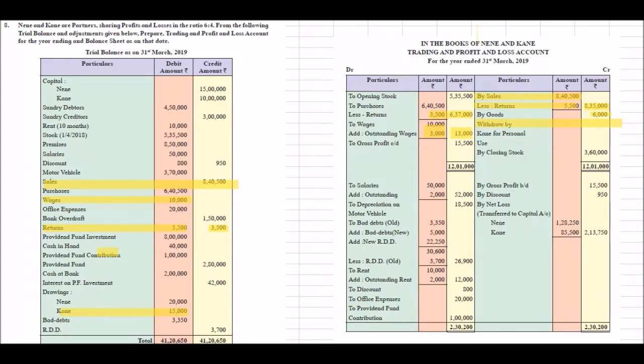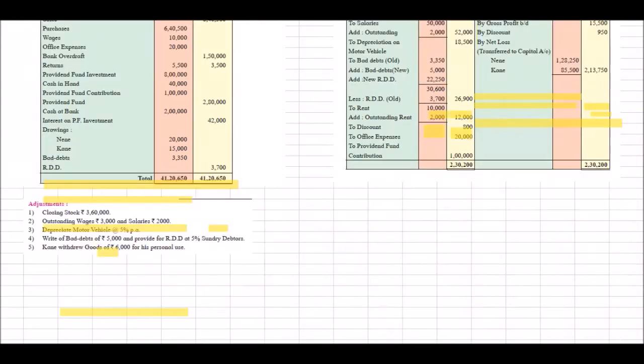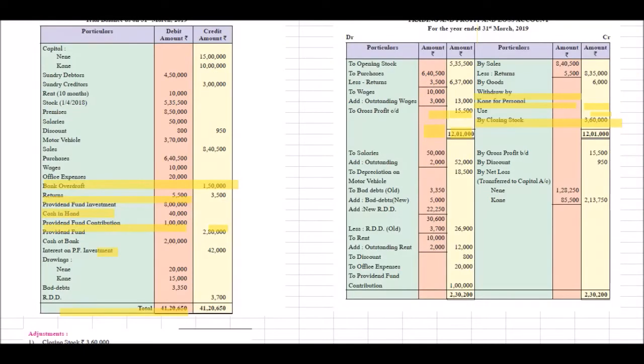Closing stock amount is 3 lakh 60,000 rupees. This closing stock will be taken in the trading account, 3 lakh 60,000 rupees. This closing stock amount will go in the balance sheet also, on the asset side. So 3 lakh 60,000 rupees plus 6,000 rupees and 8 lakh 35,000 rupees, it becomes 12 lakh 1,000 rupees on the credit side.